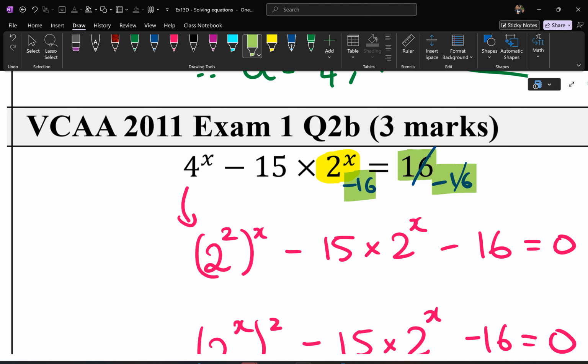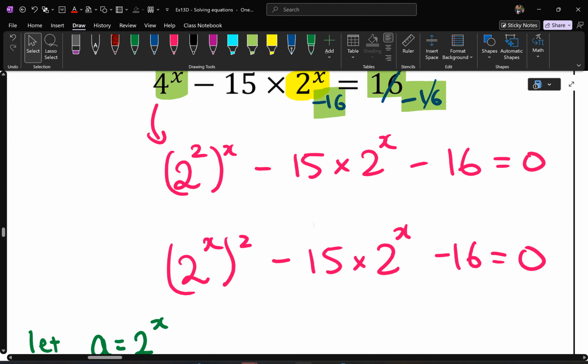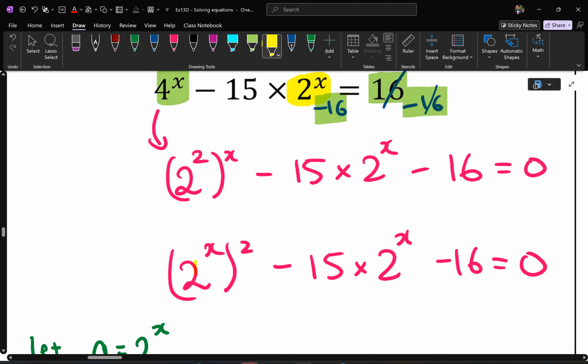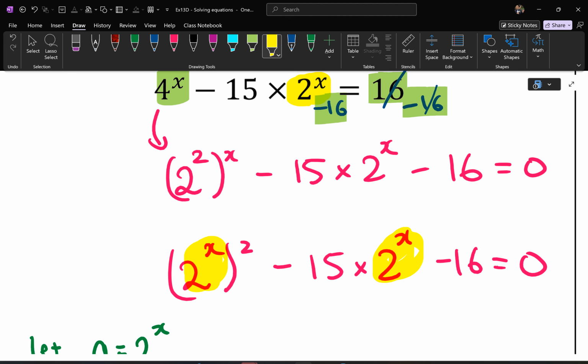Next step is to convert that 4 to the x into 2 to the x. How can you make that? So I changed the 4 to 2 squared, and just like before, 2 times x doesn't have to be in that order. It doesn't have to be 2 times x. It could be x times 2. So I flipped it around, and now what you can see is 2 to the x squared, and this is 2 to the x.